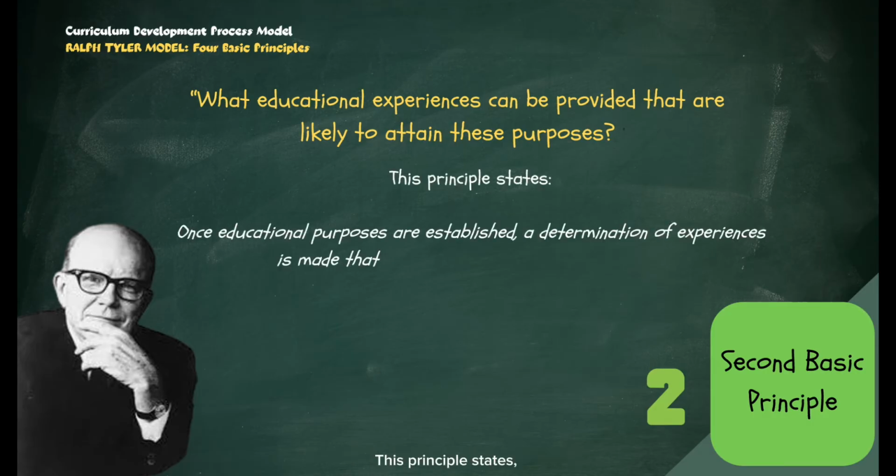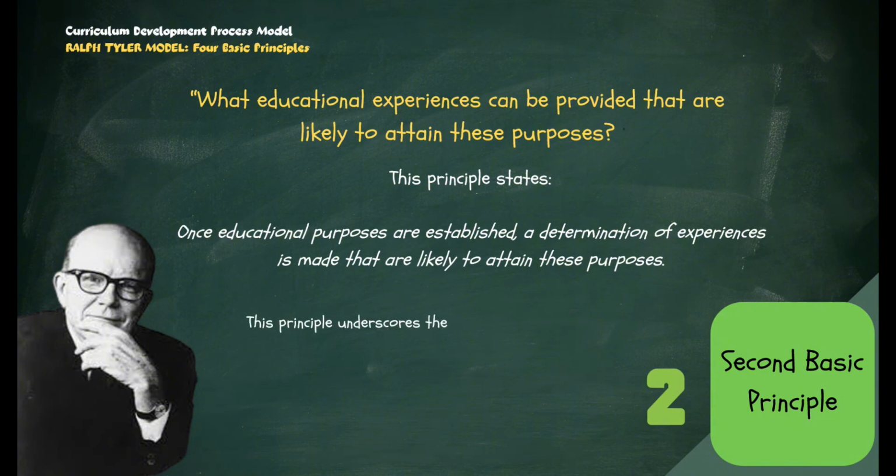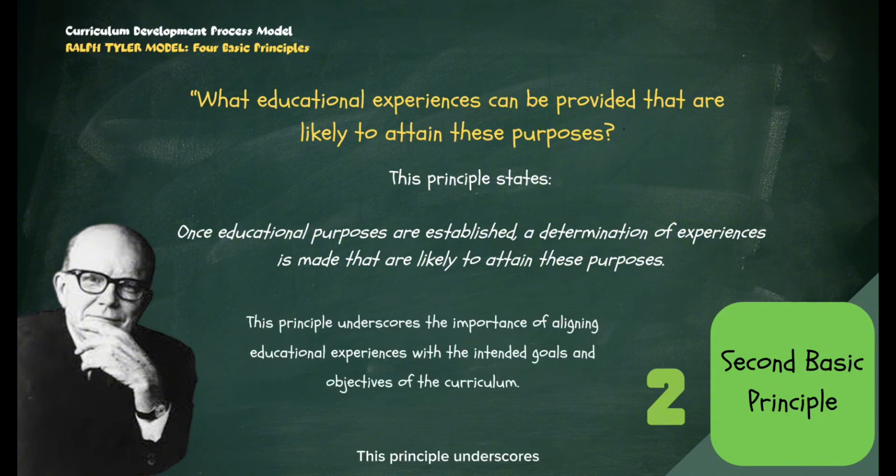This principle states, once educational purposes are established, a determination of experiences is made that is likely to attain these purposes. This principle underscores the importance of aligning educational experiences with the intended goals and objectives of the curriculum.